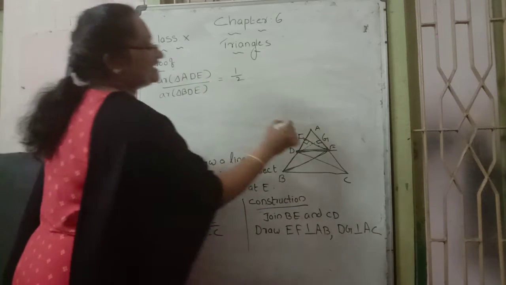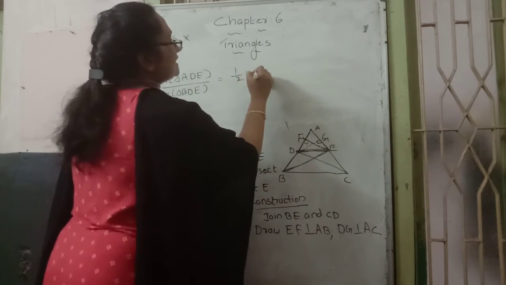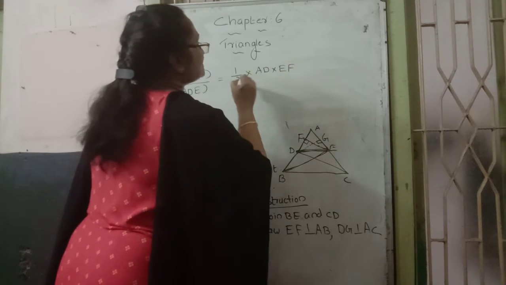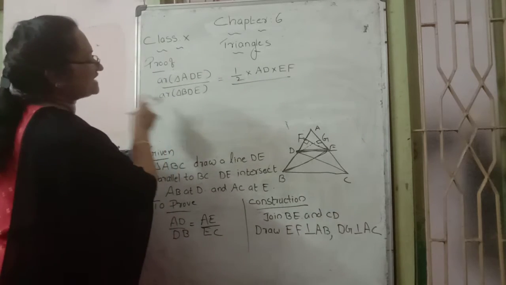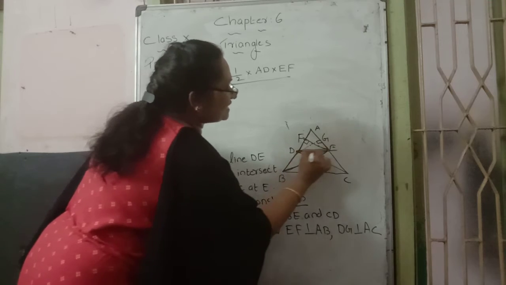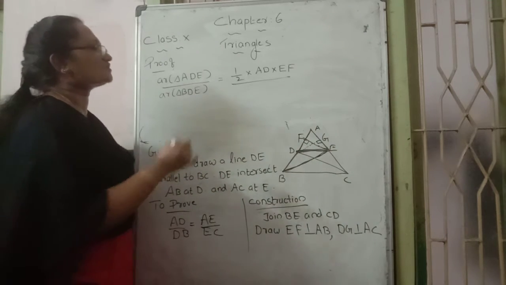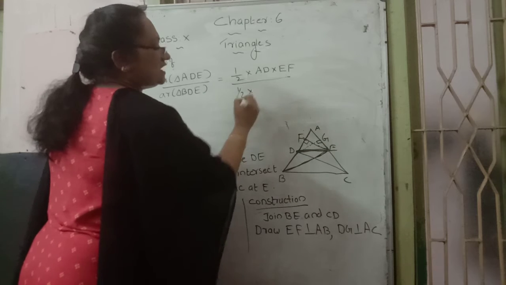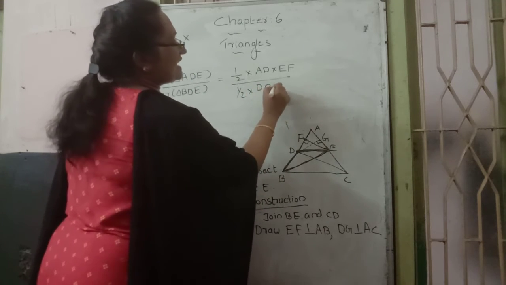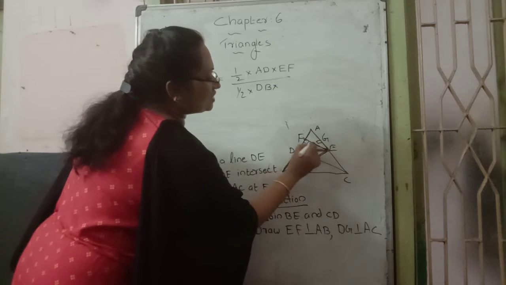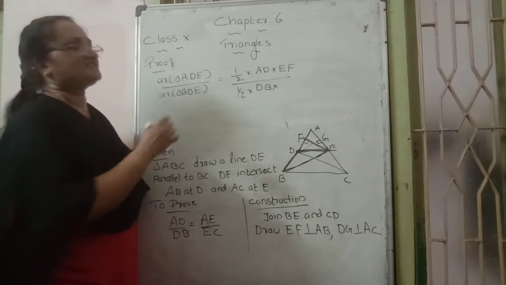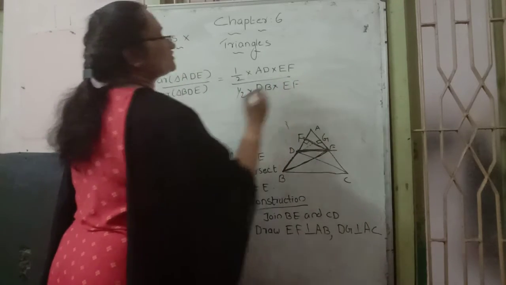With respect to the second triangle, BDE, there also we apply half into base; DB is the base, and the height of that triangle is also EF.